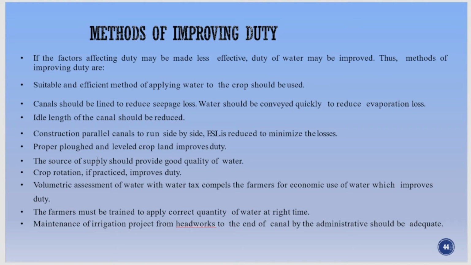So duty is nothing but a method of explaining how much water is required. Duty is the area that can be irrigated by supplying 1 cubic of water. If duty has to increase, all these losses have to be reduced. If the losses increase, the duty will reduce.